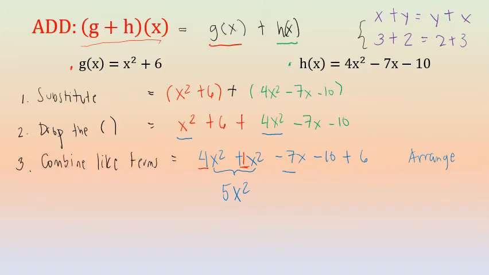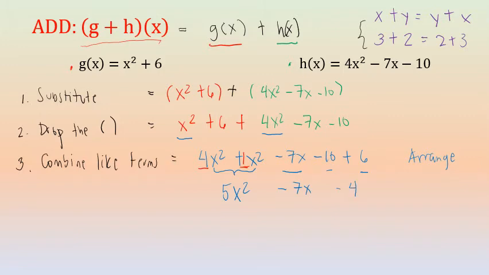Next, ano ang sunod na term natin? 7x. Meron ba siyang like term? Wala. Therefore, drop na natin yan. I-copy na natin diretso. And now, let's proceed to our constant. Negative 10 plus 6 is negative 2.